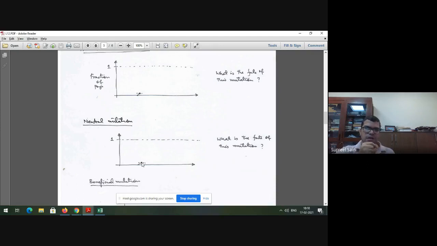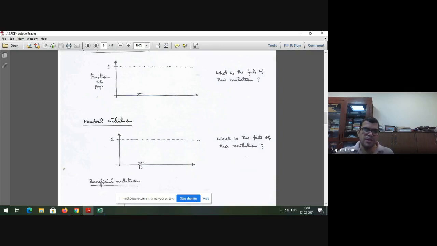In order to overcome drift, you need to go up in frequency to a certain level, such that even if you were to lose 5 of the individuals carrying that particular allele, you still have sufficient remaining such that the population is not totally devoid of it. So most likely this guy will go extinct.